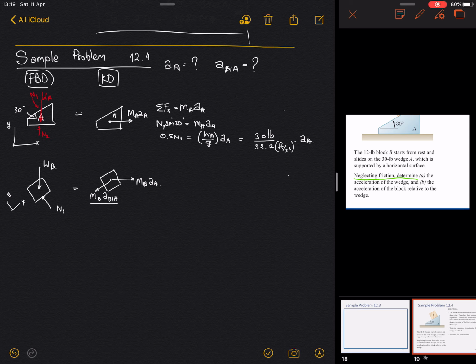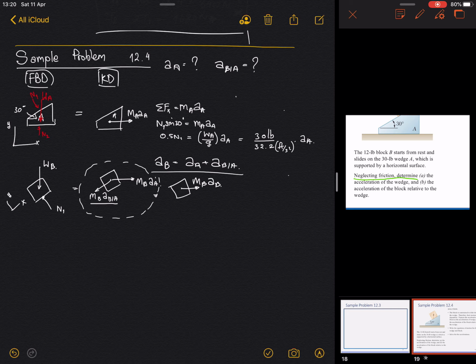But in the end, those two accelerations you can also write like this, that you have only one, but you do not know the direction yet. You can write M_B a_B, because a_B is equal to a_A plus a_B relative to A. Okay, but anyway, we will focus on this picture.